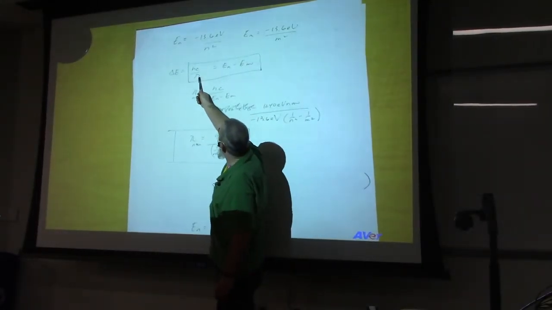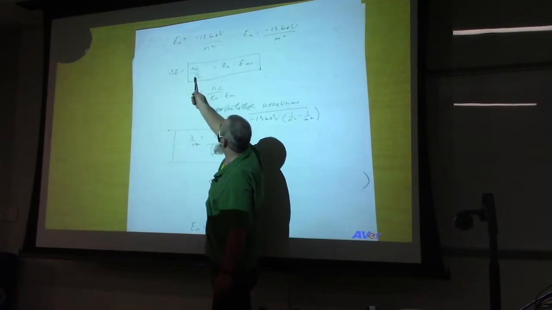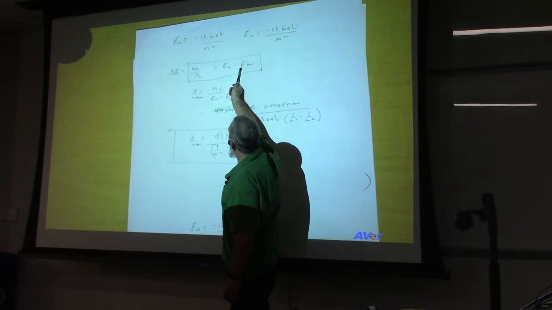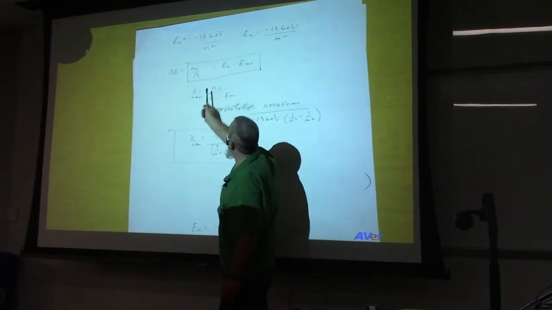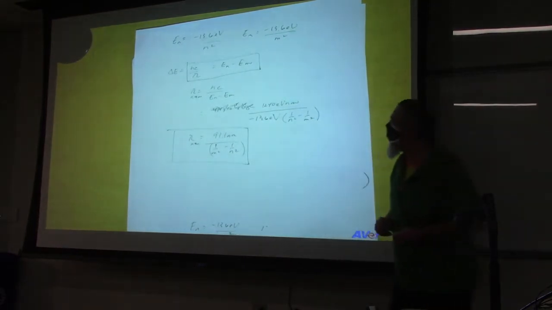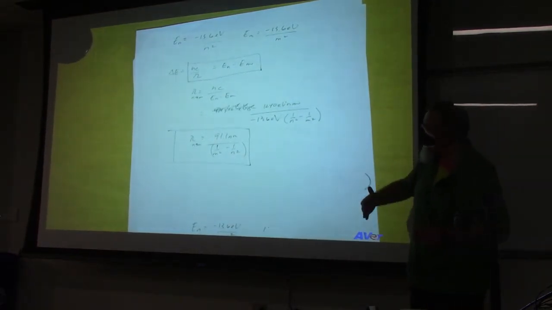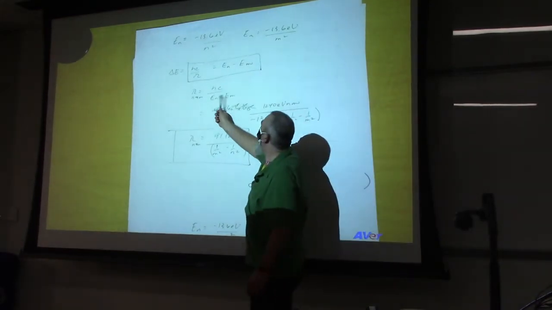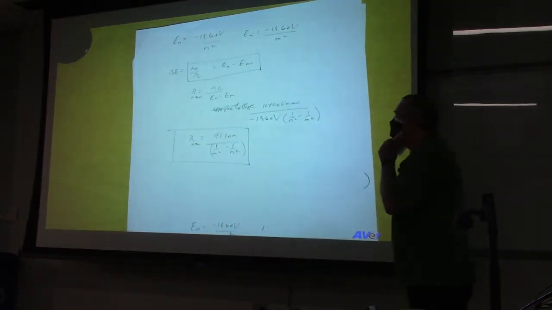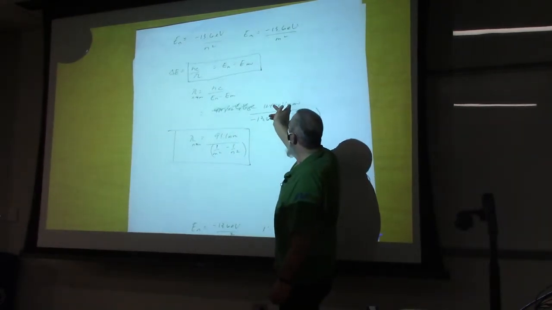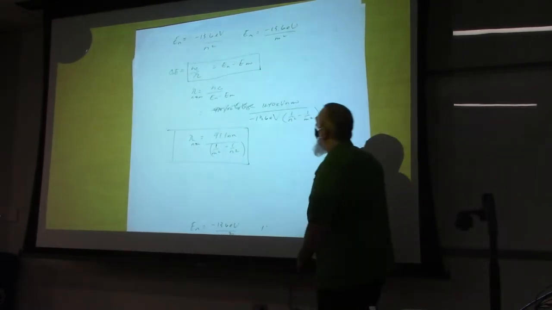Solve for the wavelength in the formula. hc over the wavelength is the difference in energy. So put the difference in energy over on this side, put the wavelength on that side, and you get this. So the wavelength, when you go from n to m, is hc over the nth minus mth energy level. I'm going to use my favorite 1240 eV nanometers for h times c.